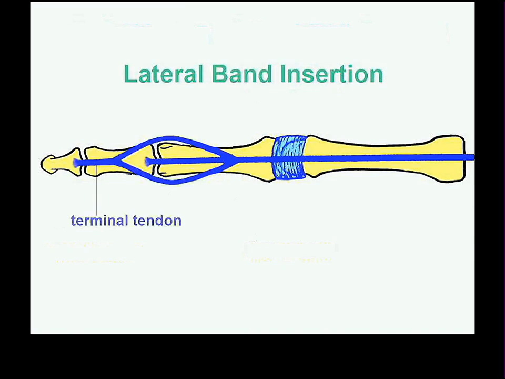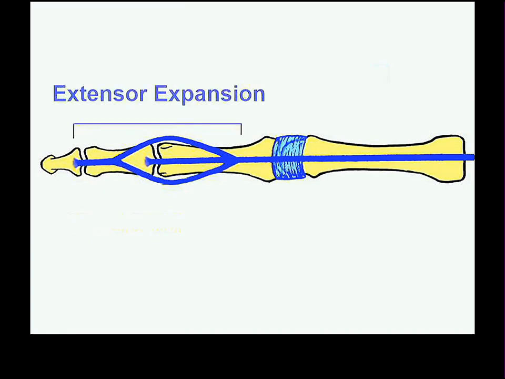The two lateral bands sweep around the sides of the PIP joint here, join over the dorsal aspect of the middle phalanx to form something called the terminal tendon, and that terminal tendon crosses and inserts into the base of the distal phalanx, a rather complicated way for a tendon to behave. That whole splitting of the extensor tendon into three bands and the rejoining of the two lateral bands to form the terminal tendon, that's referred to as the extensor expansion.